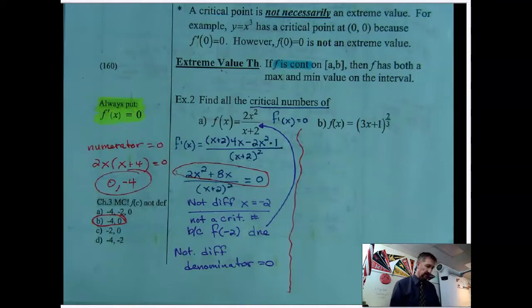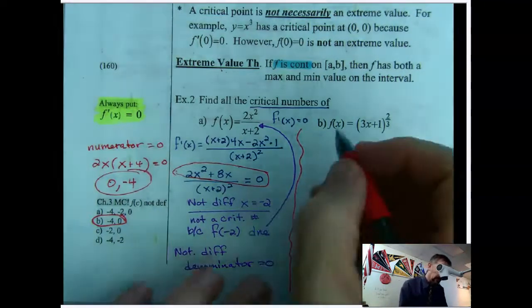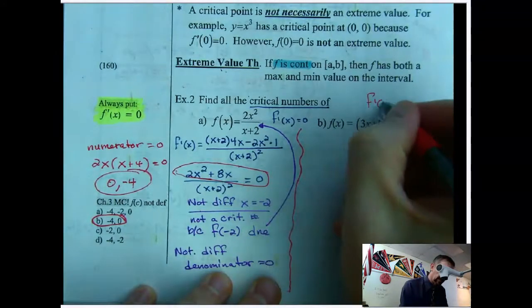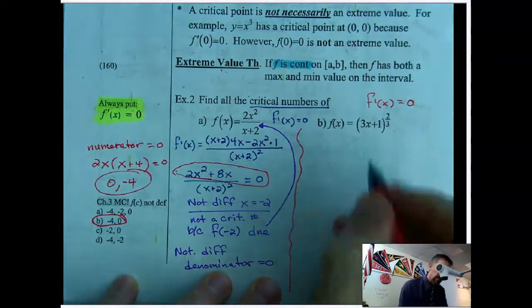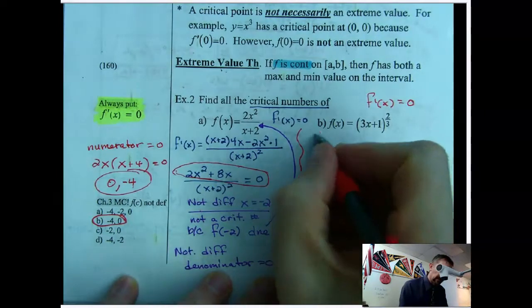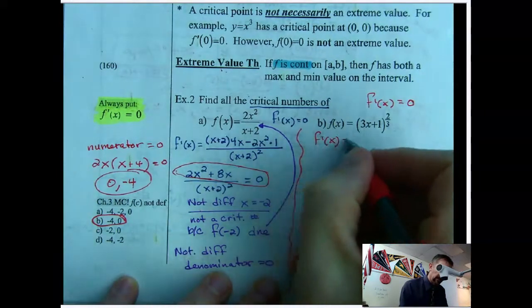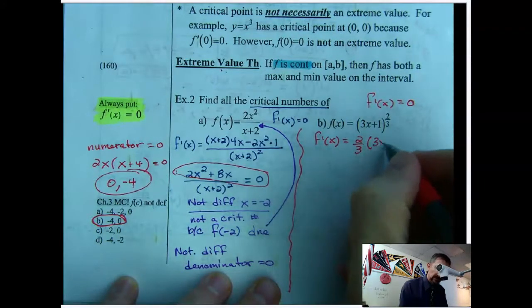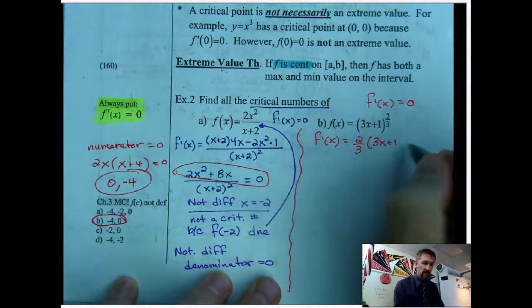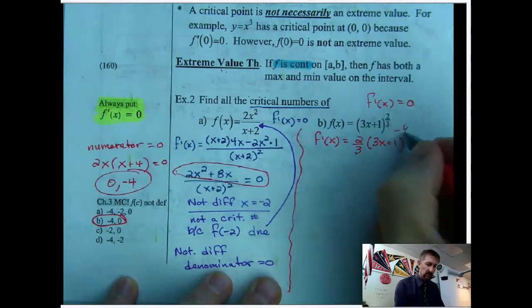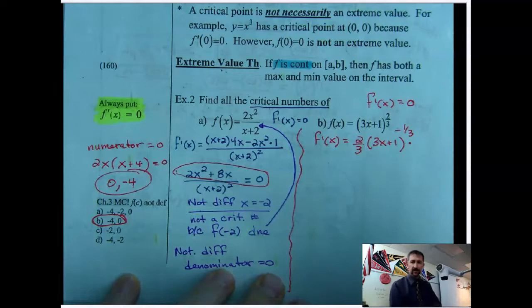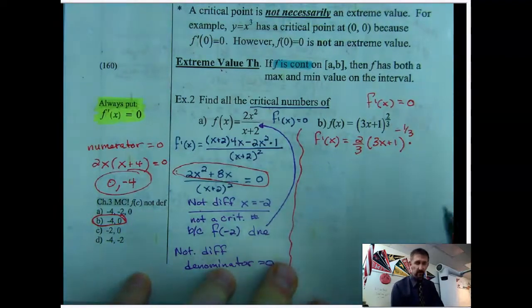All right, so let's do this again. So we want to know where f prime of x equals 0. So we're going to take the derivative here. F prime of x, that's going to be 2/3 times 3x plus 1, subtract 1 from that. From now on you always want to ask yourself, do I have to use the chain rule?